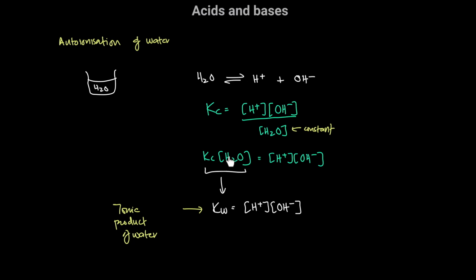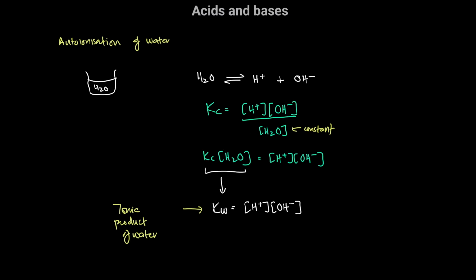We just simplified this expression because the concentration of water can be assumed to be constant, since there's such a large amount of water molecules and such a small fraction of them actually ionize. So the equilibrium constant times this concentration is also a constant, and we call that constant Kw. Instead of always writing the concentration of water, we combine Kc and the concentration of H2O.